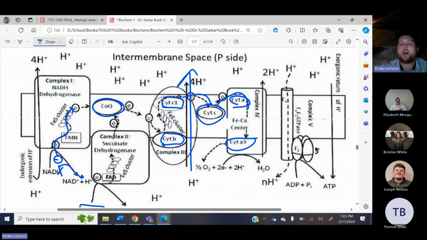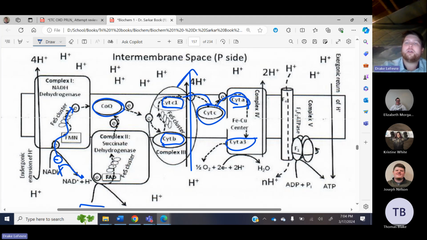Again, same exact job. They make up part of complex 4. They pass the electron along, and the energy from the electron pumps up more hydrogen. And all of this hydrogen getting pumped up and up into the intermembrane space creates a chemical gradient.